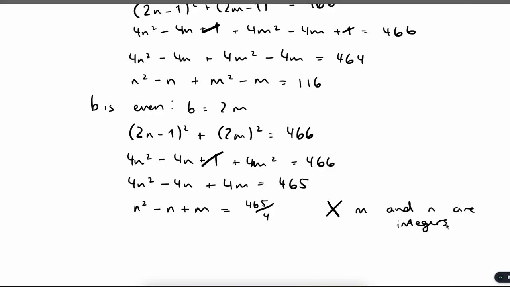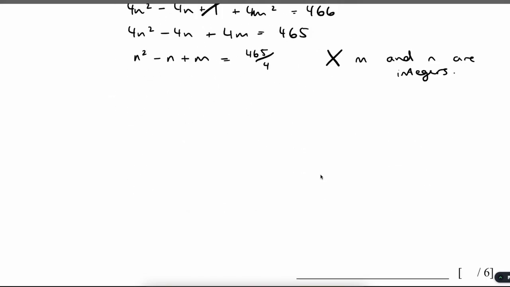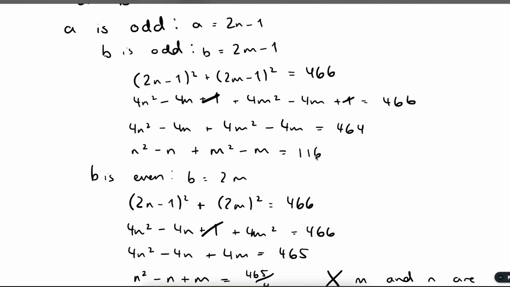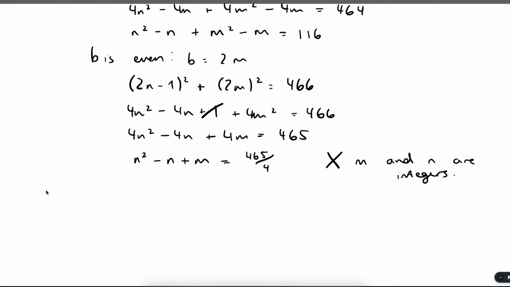Okay, so that's the key bit that you need to put in. And then same with if both are even. So if a is even, then a is 2n, and b is even, then b is 2m.